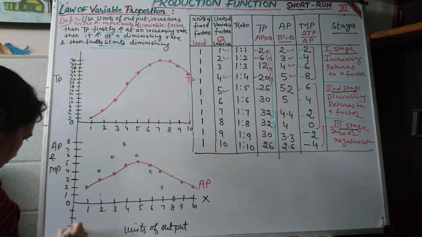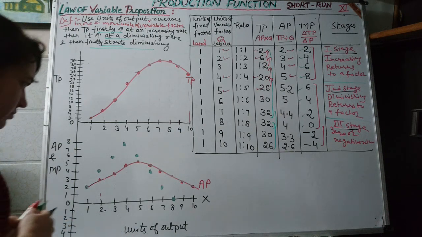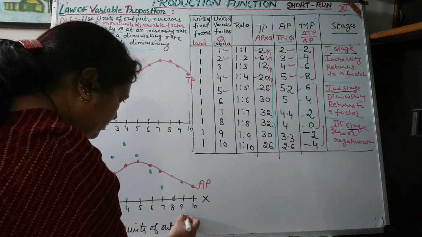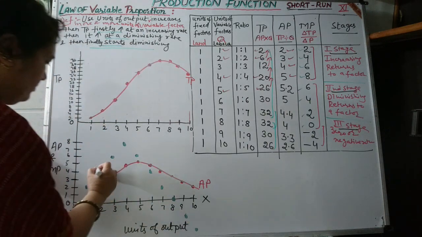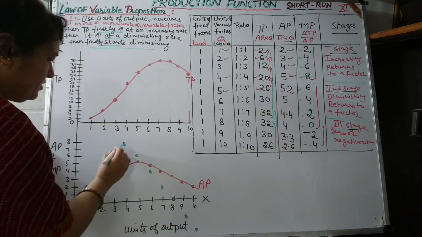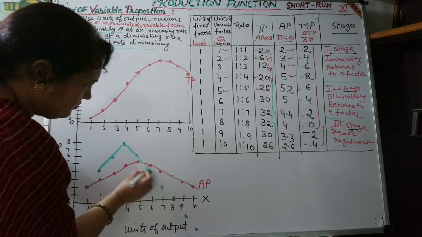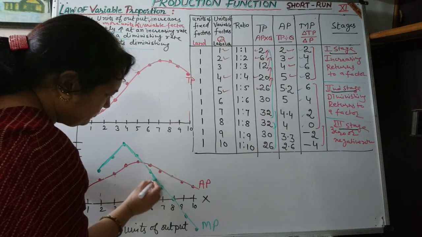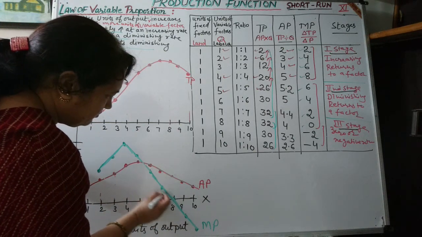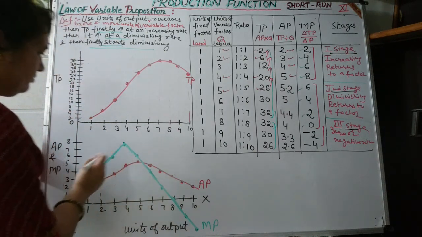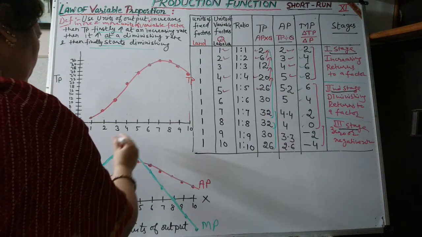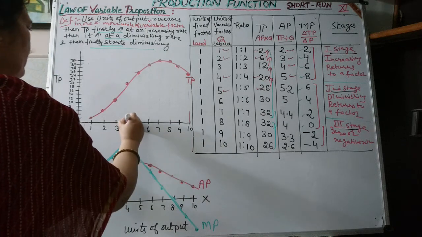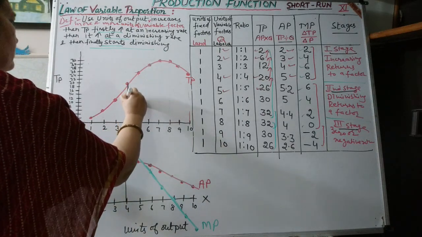At ninth unit, this is -2. 10th unit, -4. And by joining all these points, we can obtain the MP, marginal production curve. The marginal production curve is maximum at fourth unit of output.